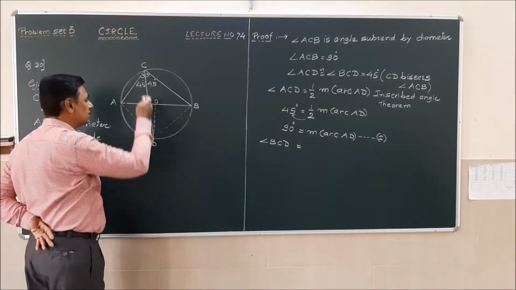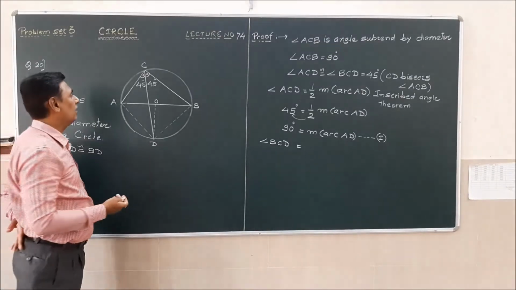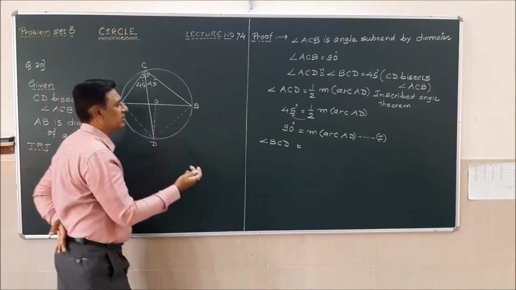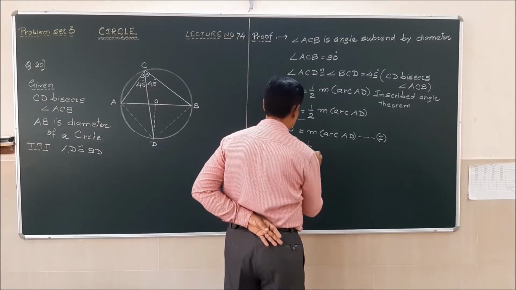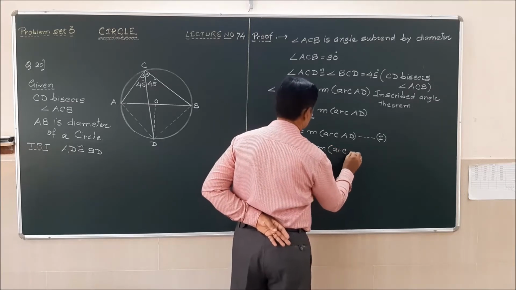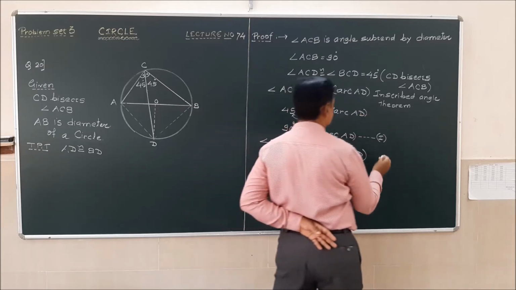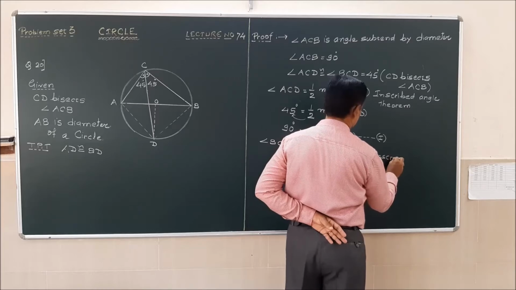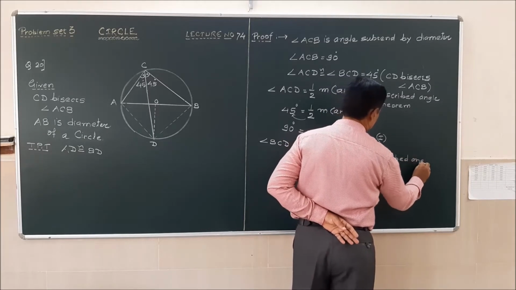So angle BCD is also an inscribed angle, and the measure of BCD is equal to half the measure of arc BD. The reason is the same: inscribed angle.